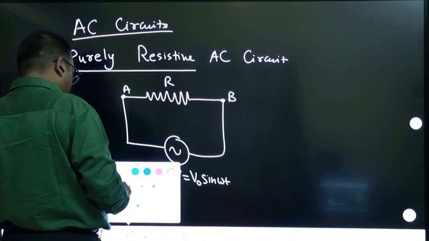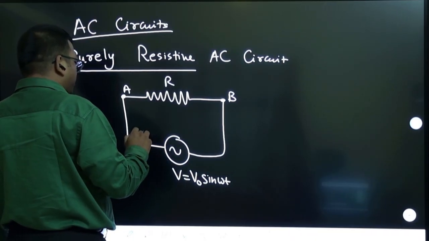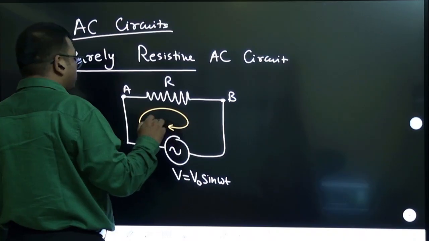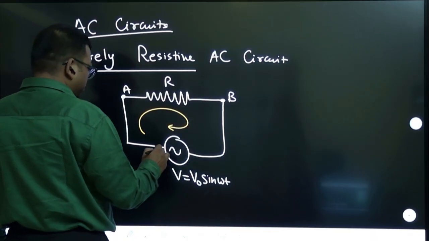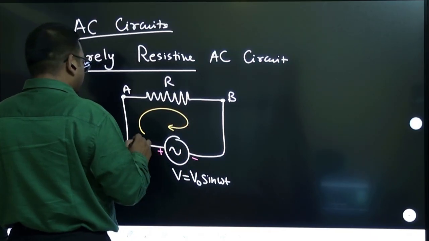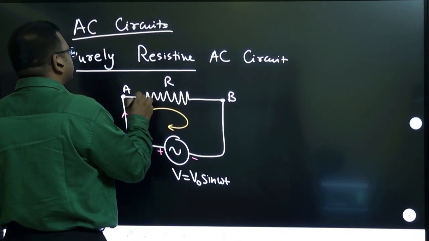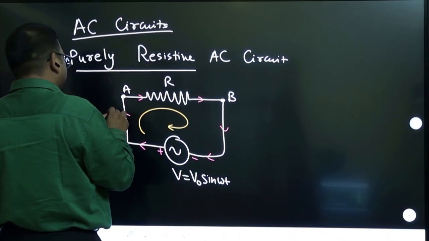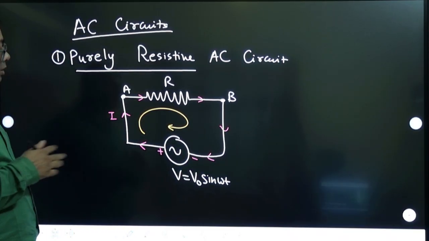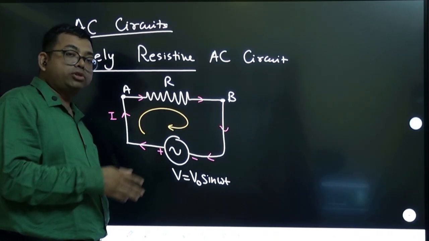So now suppose I apply KVL in this loop. Let us say that at an instant of time this is positive and this is negative, so current is going like this. This is the current I. Let us apply Kirchhoff's voltage rule.